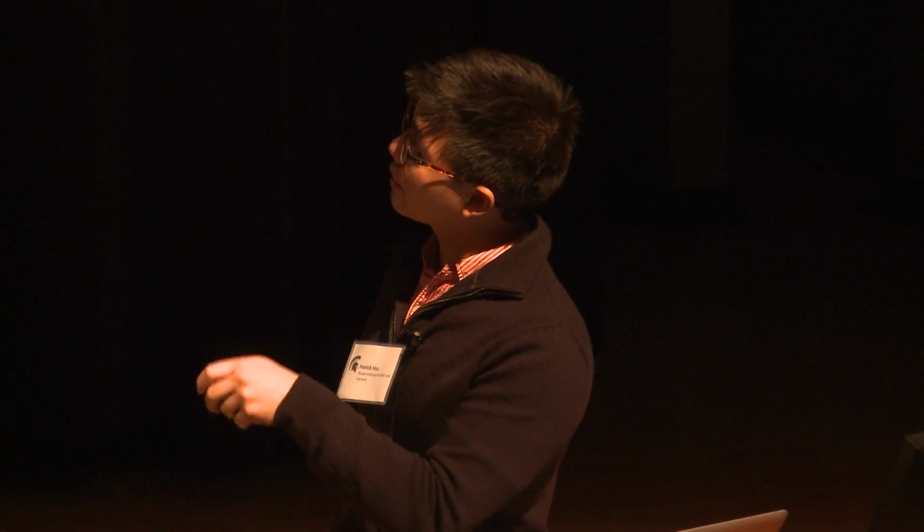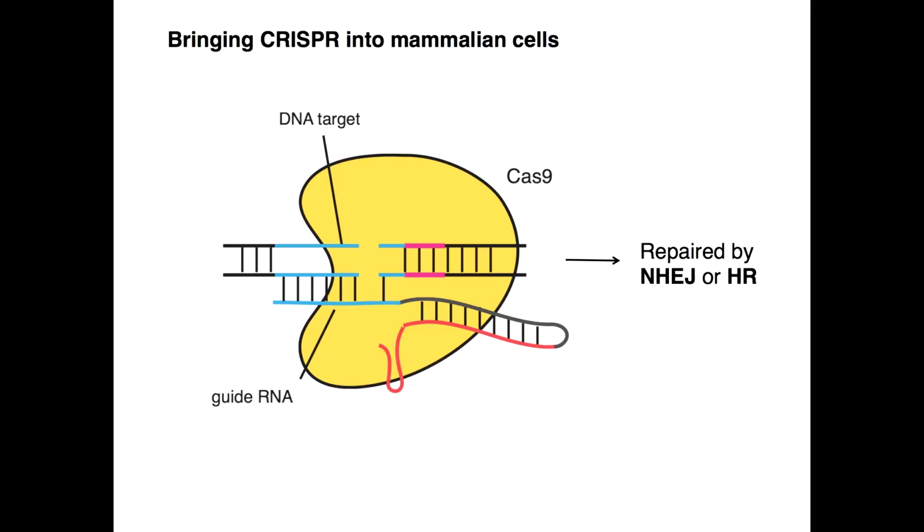Okay, so let's summarize. Bringing CRISPR into mammalian cells. You have a Cas9 nuclease shown here as the Pac-Man, and you have your guide RNA. And so later it turned out that you could fuse these guide RNAs together. So the CRISPR RNA and the tracer RNA could be fused to make a single guide RNA, or sgRNA, which would reduce Cas9 or CRISPR into a two-component system, one with your nuclease and one with your guide RNA.